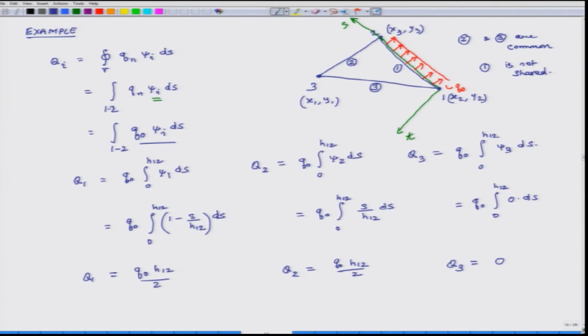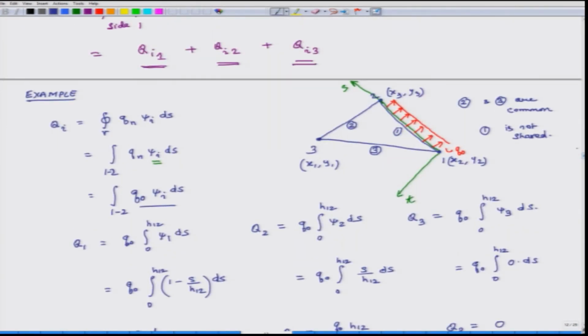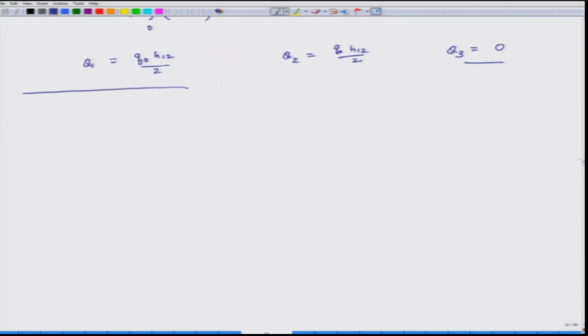And because this flux does not influence node 3, its value is 0. Agreed? You integrate this. We will do one more case. Here I have one exposed edge. I could have a situation where I have two exposed edges.